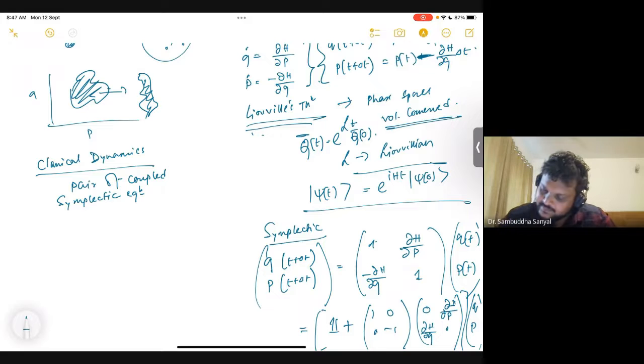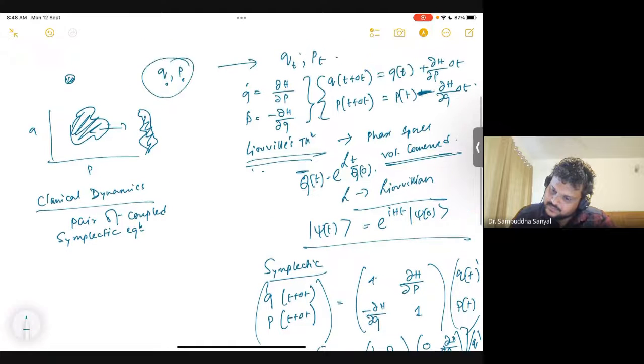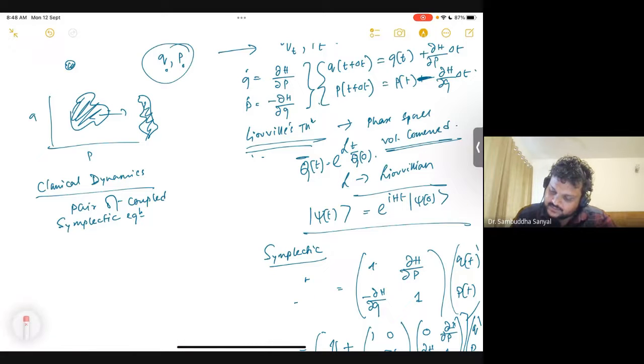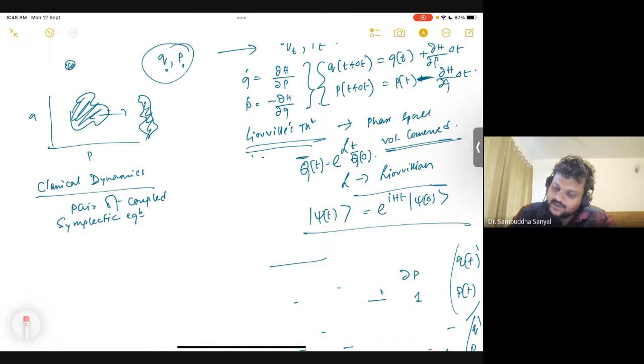Is it correct? Yeah, I think there is something wrong, so let me not go over this right now. I have messed up some signs here and there. Anyway, I will discuss this in detail later.